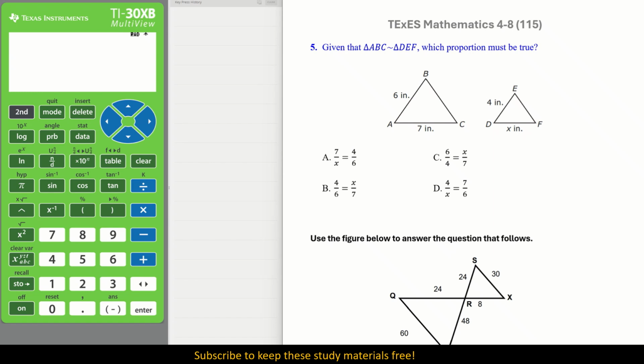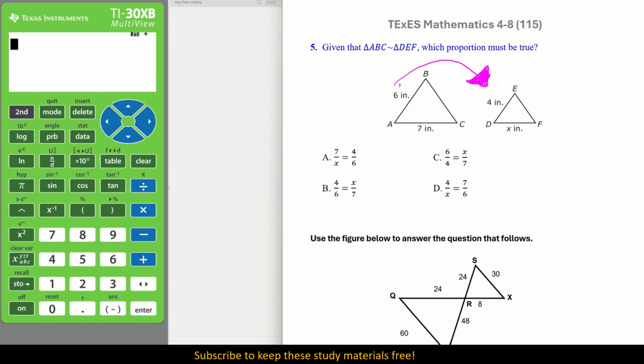Let's look at this. If we say that we are going to go from the larger one to the smaller one, like this, then we just need to be consistent with our proportion.